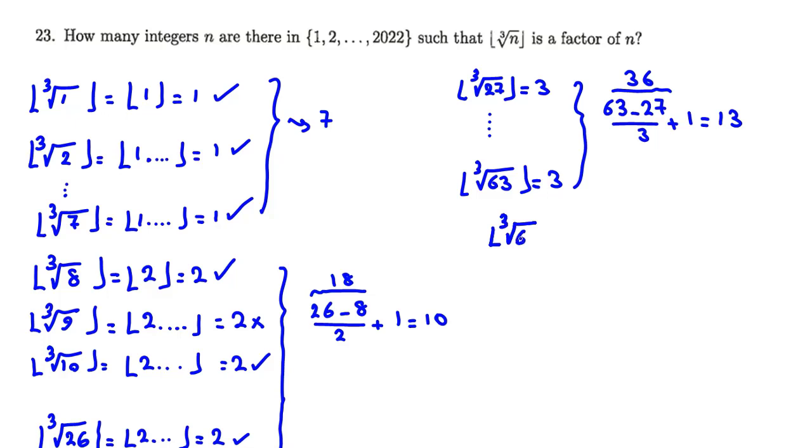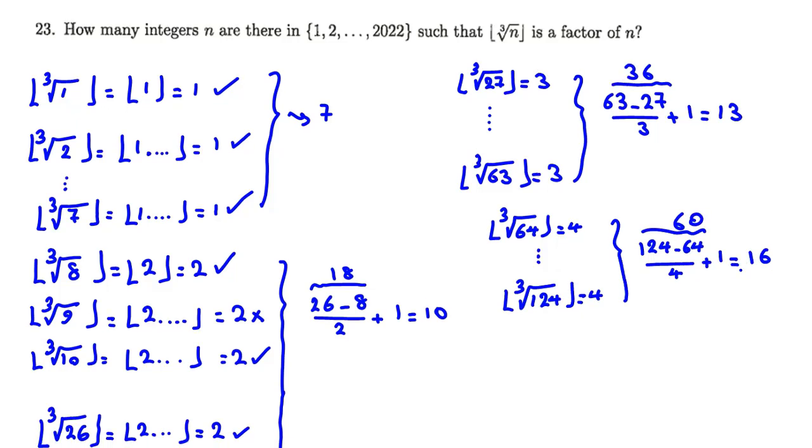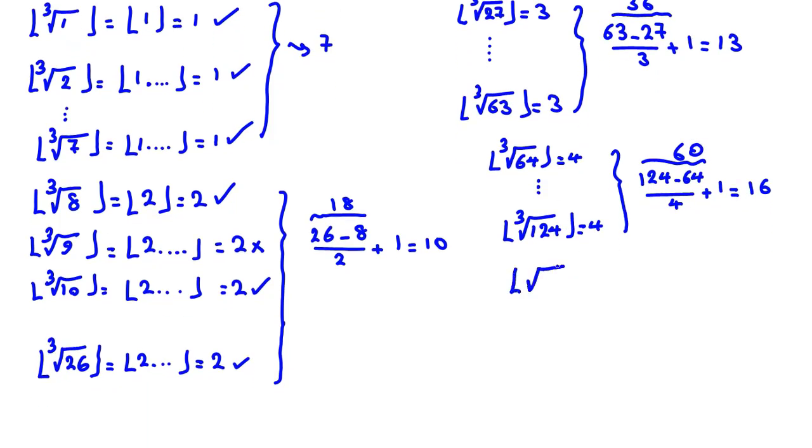Now cube root of 64 is 4. Cube root of 125 is 5, so up to 124 it is 4. So again here, 124 minus 64 over 4 plus 1. This one is 60. 60 over 4 is 15, plus 1, 16. And cube root of 125 is 5.